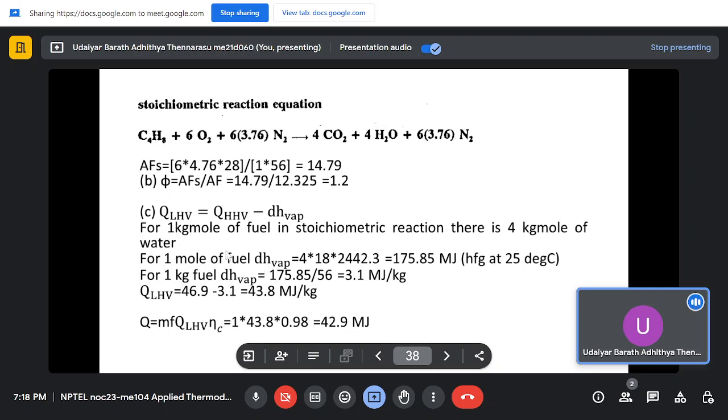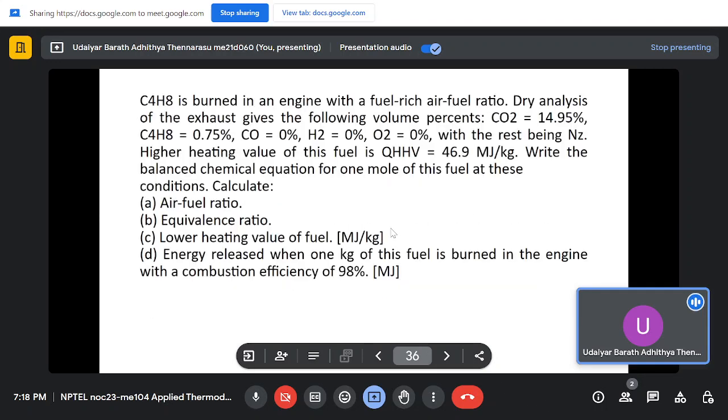This is for 1 mole of fuel. If we want to find this in terms of per kg of fuel, we divide by the molecular weight of the fuel. So 175.85 by 56 will give me 3.1 megajoule per kg, because we need to find it in megajoule per kg, and QHV is given as 46.9 megajoule per kg of fuel.